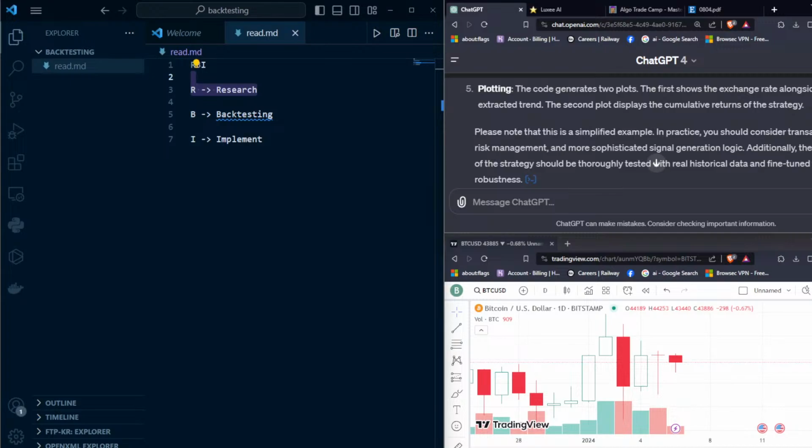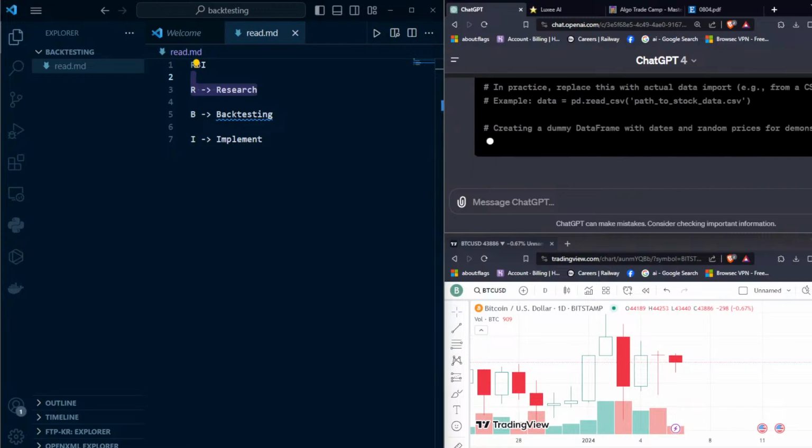Maybe you could also say, write me basic code for backtesting a momentum trading strategy. I'm just showing you how you could manipulate ChatGPT into doing things for you.